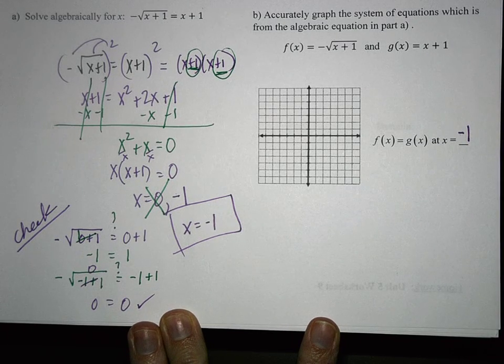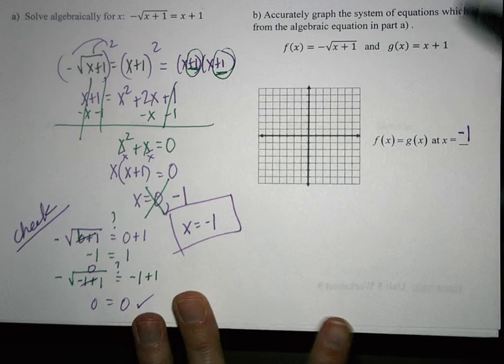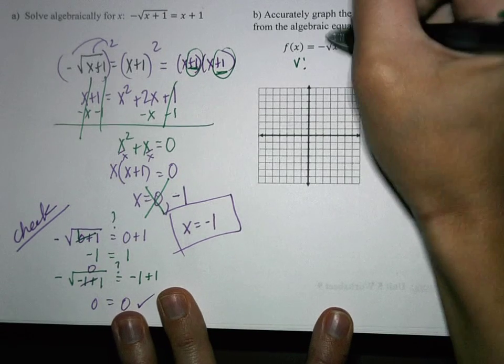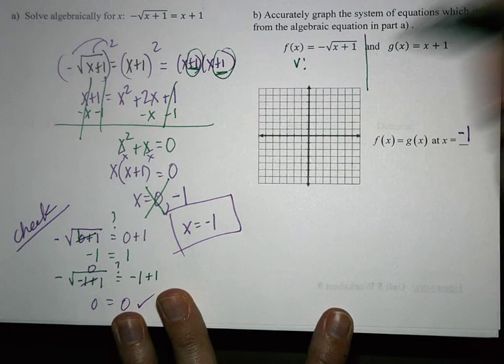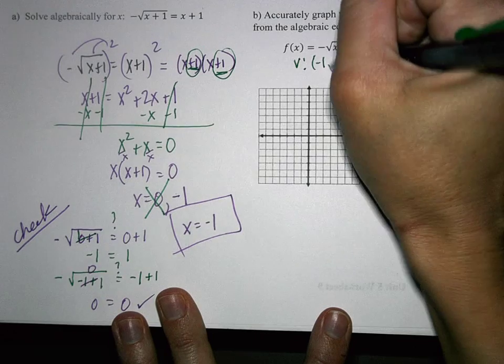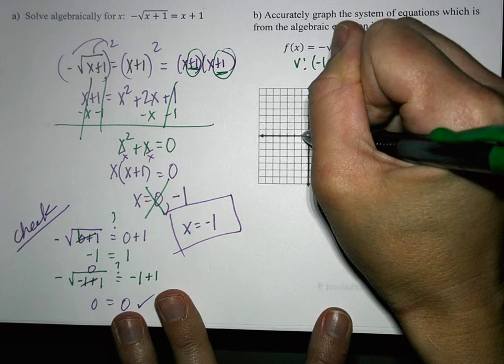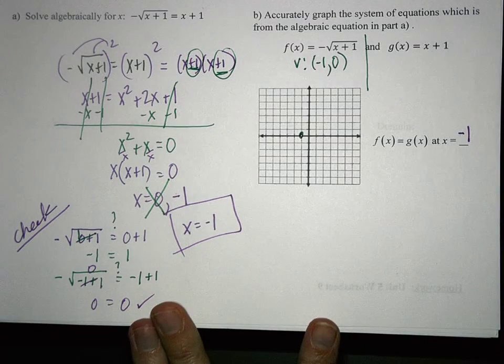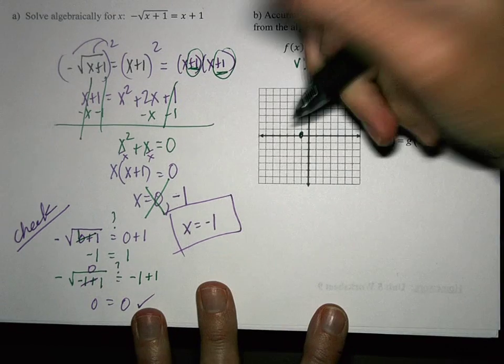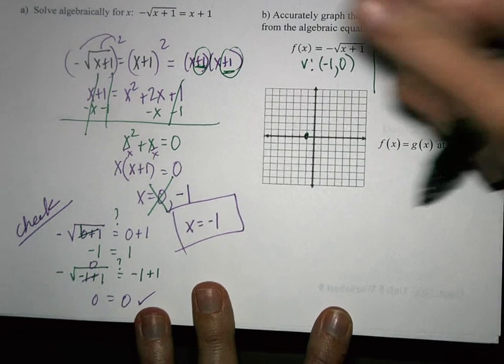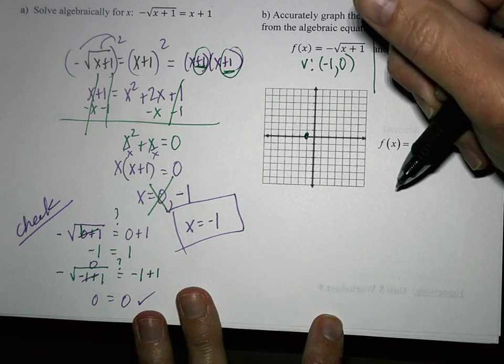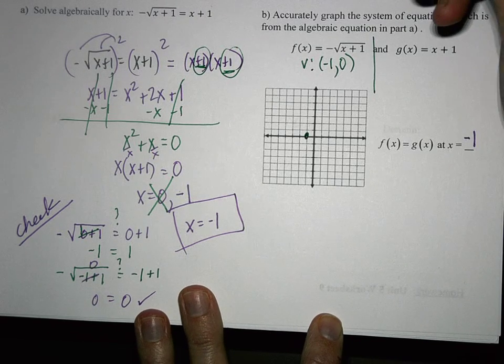Okay, so now we're going to graph it. What is my vertex for this equation right here? Negative 1, 0. Negative 1, 0. Which way is this going to curve? Downward. Okay, is it going to hit the y-axis? Yes.